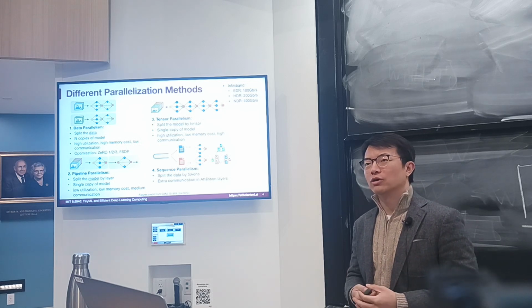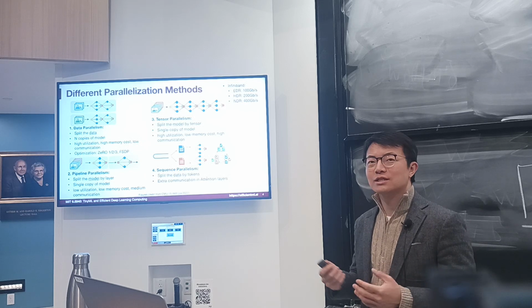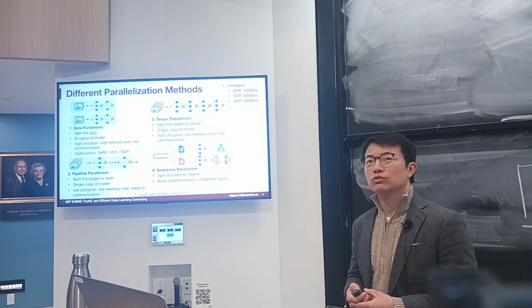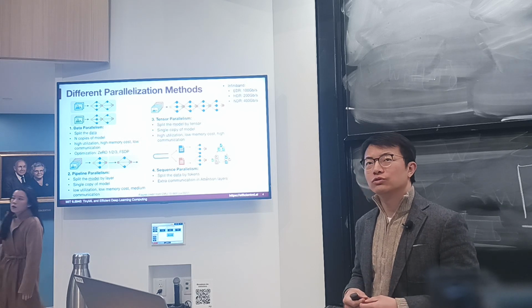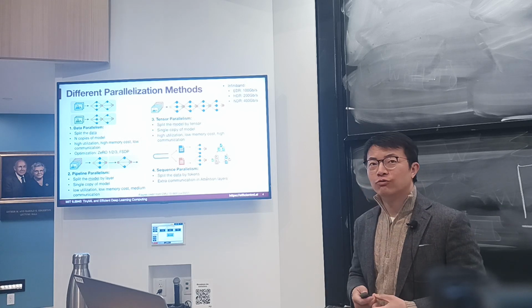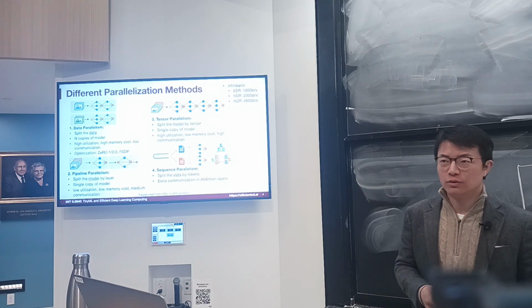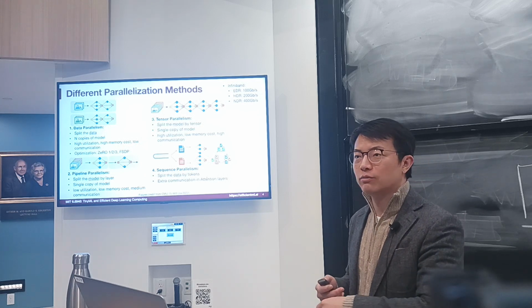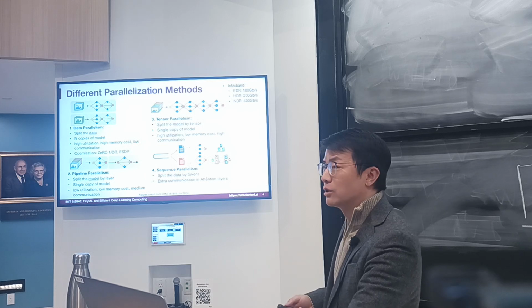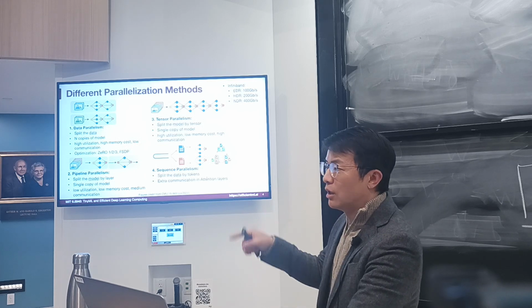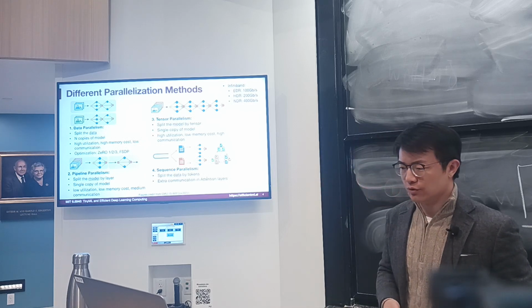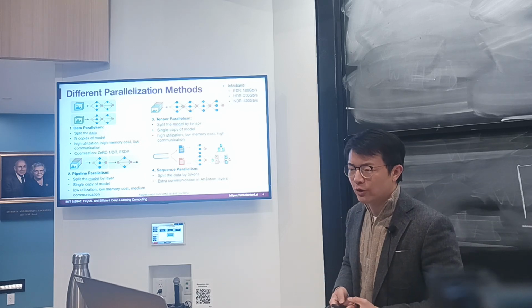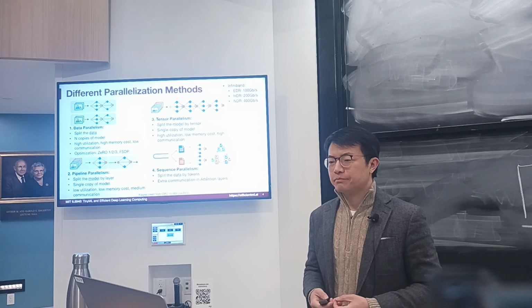Therefore, we talked about 2 techniques. One is the Ulysses technique, where you do all-to-all communication so each GPU gets attention across different parts of the document. We also talked about ring attention, where we perform ring communication between different GPUs. So those are the 4 parallelization methods.